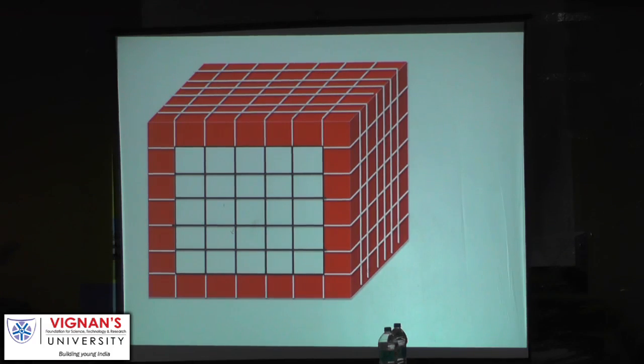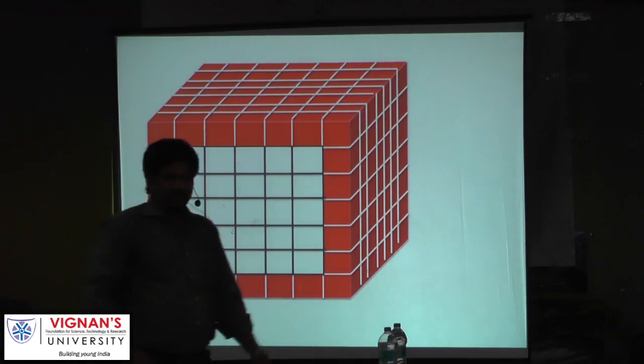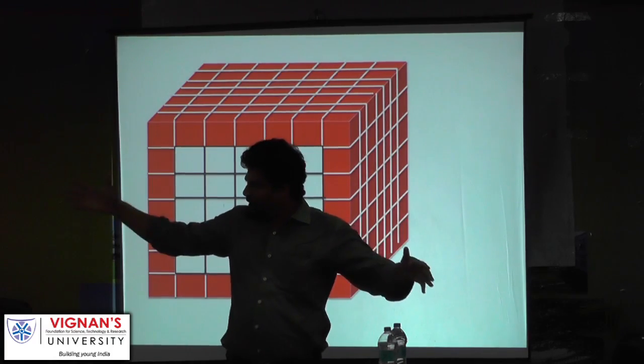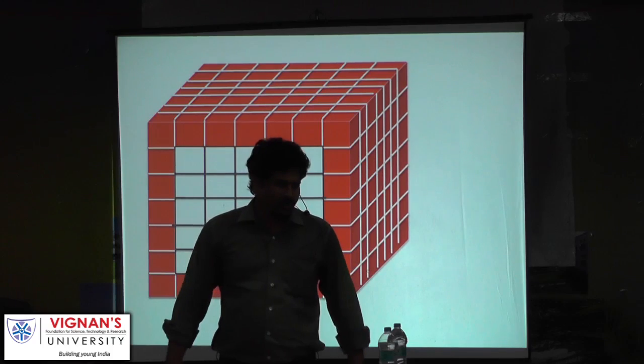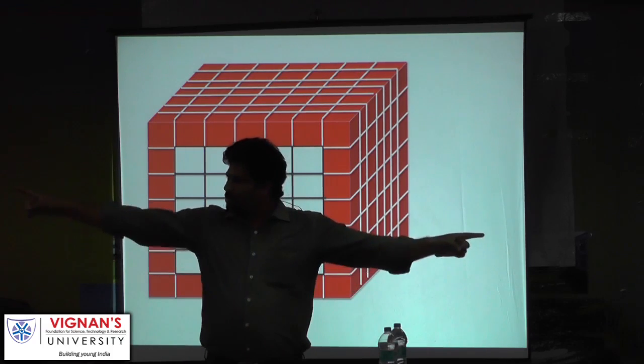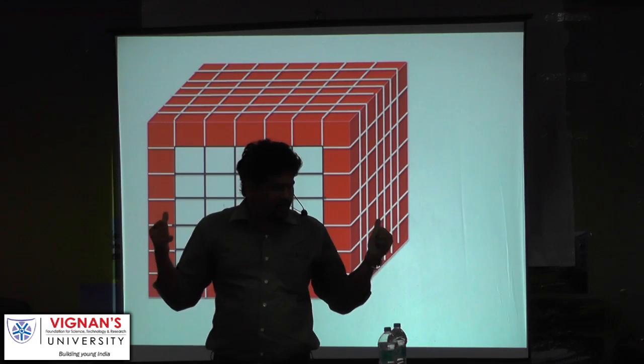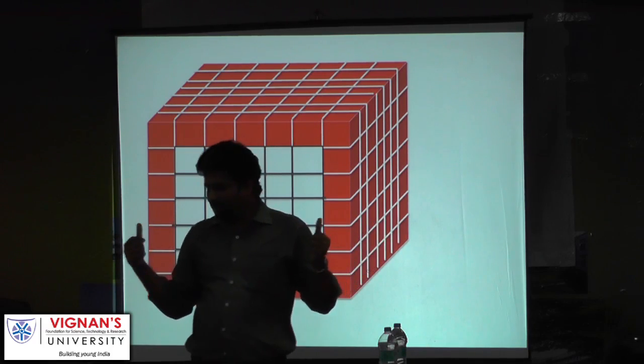Top we have added 1 layer. Bottom we have added 1 layer. This side we have added 1 layer. It means on every face we are adding 1 layer. Now see, suppose this is the cube formed by joining 125 small identical cubes. How many cubes do you have in this dimension? 5, because the edge of that cube would be 5.